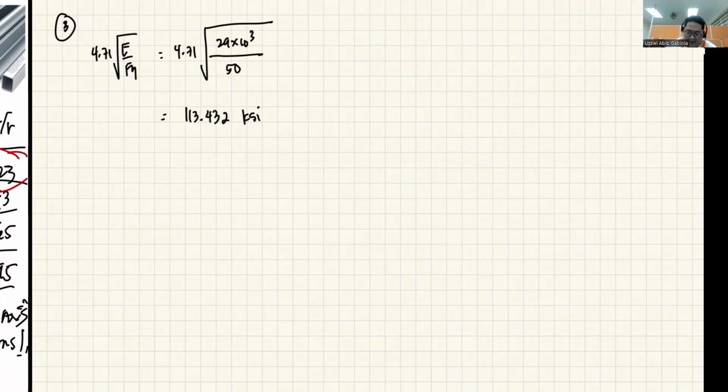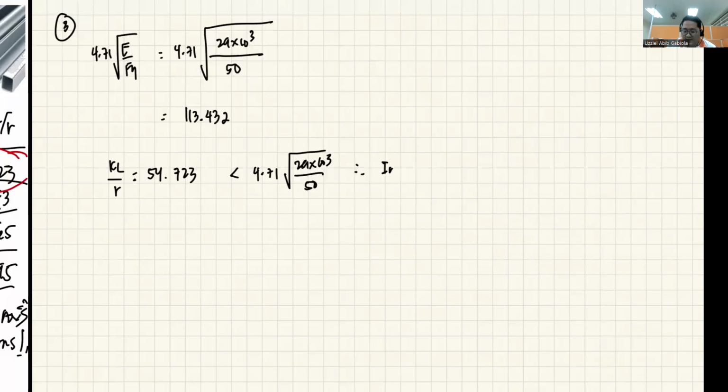Okay? Unitless pala, sorry, kasi this is KL over R, no? Again, ang KL over R natin na calculated is 54.723. So, tayo ay less than nung 4.71 square root of 29 over 50. Okay? Therefore, tayo ay inelastic buckling tayo.